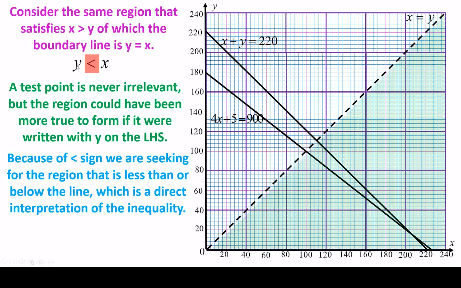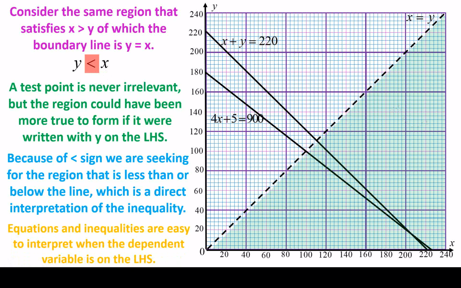We have the dependent variable on the left-hand side where it should be, and also the less than sign, which will give us a better interpretation of the inequality, which is less than, and also the shaded region, which is less than the line that we have there. Equations and inequalities are easy to interpret when the dependent variable is on the left-hand side.